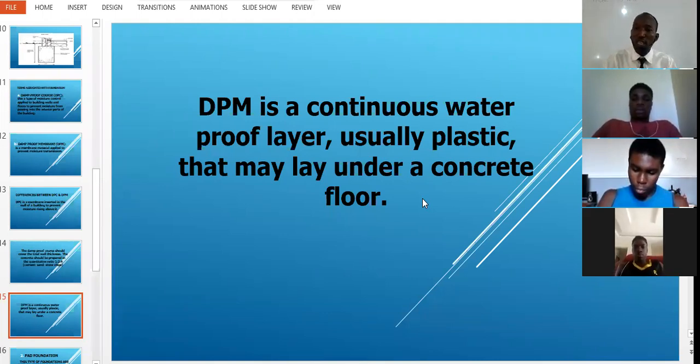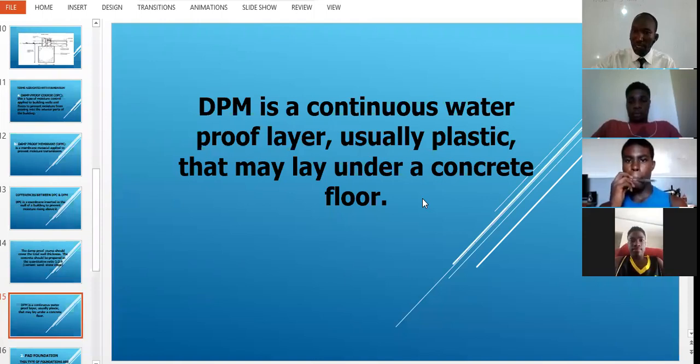So that is what DPM is all about. So the DPM is what? A waterproof membrane that covers the entire floor before the concrete floor. This will prevent moisture from gaining access into the building.